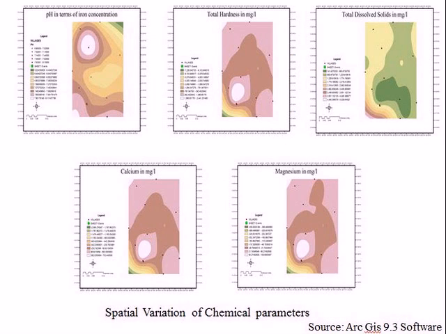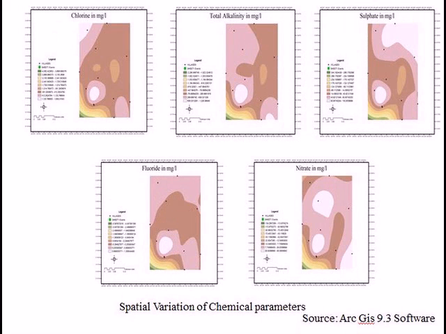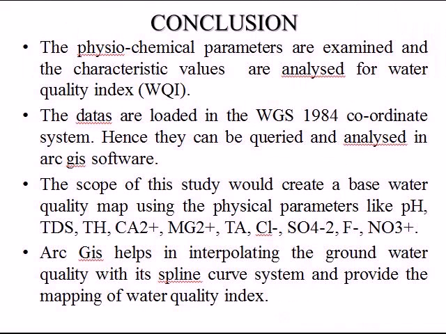These were the results we have gotten after the lab. These were the results and interpretation we have done in the laboratory of pH, TDS, TH, calcium, magnesium, total alkalinity, chlorine, sulfate and fluoride. These were the 12 results.